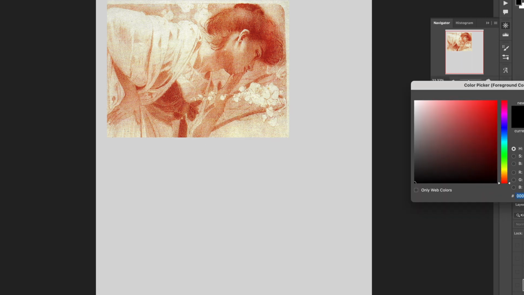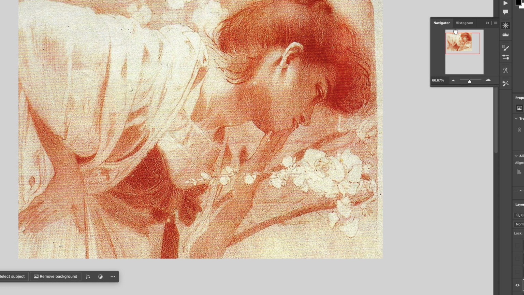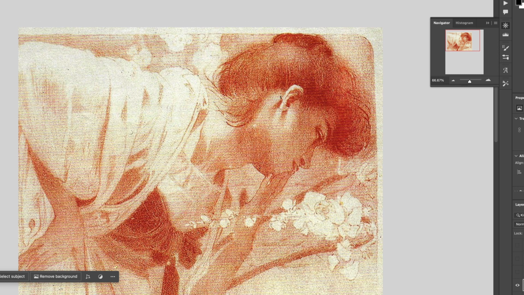So as you can see here, Mucha, as he's drawing this hair in here, again, he drew this as one large value at first.